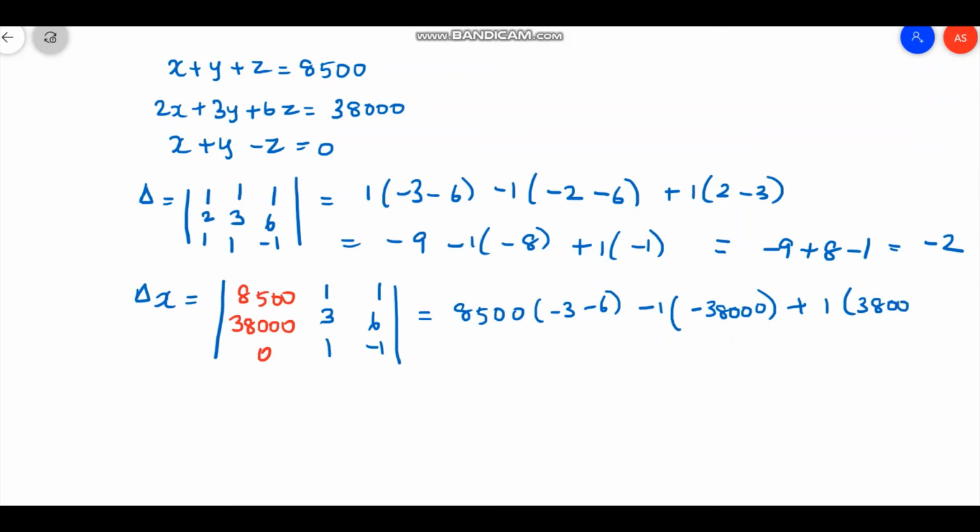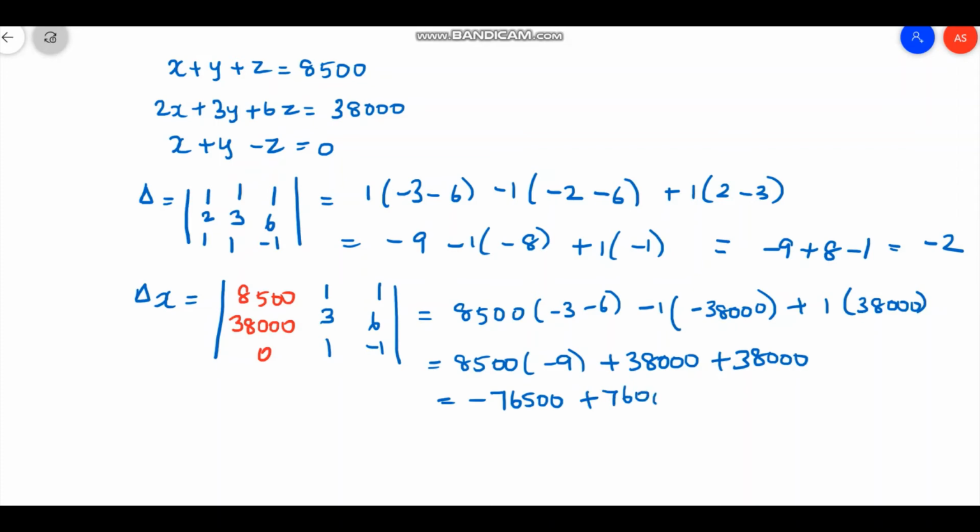So simplification gives me 8,500 into minus 9 plus 38,000 and plus 38,000. So altogether simplification gives me minus 76,500 plus 76,000, which is equal to minus 500.